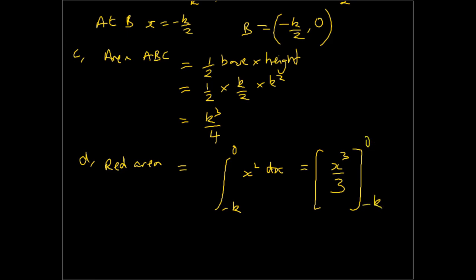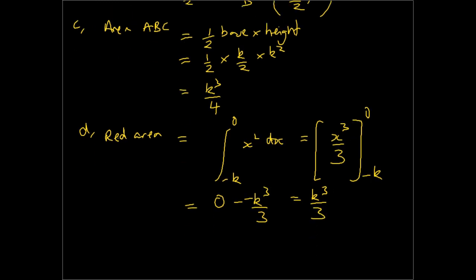Now if I stick the limits in here, when this is 0, this is just going to give me 0, and when this is minus k, this is going to give me minus k cubed over 3. So that is going to equal 0 minus minus k cubed over 3, because I subtract this one from this one, so that's just going to give me k cubed over 3.